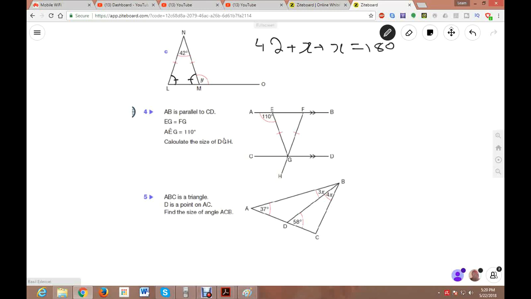So 2x gives you 180 minus 42, which is 138. Yeah. So x is going to be 138 upon 2, so that gives you 69. That's a quick response indeed. Okay, so this is your 69, and then you subtract it from your 180.